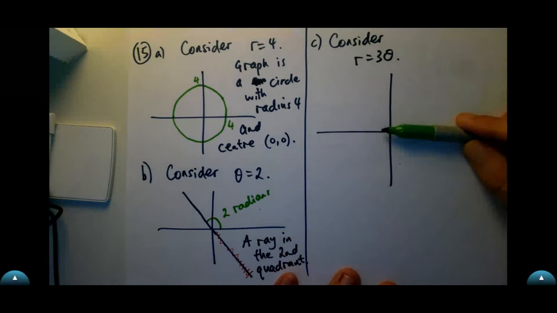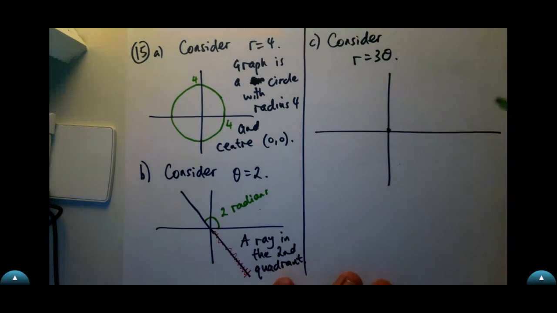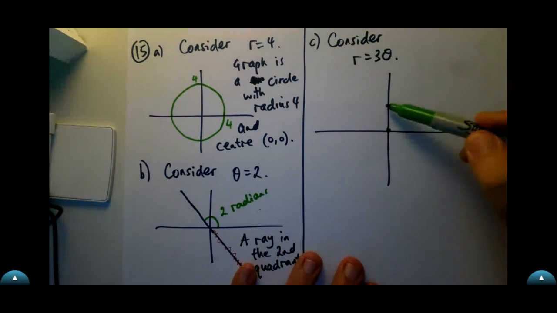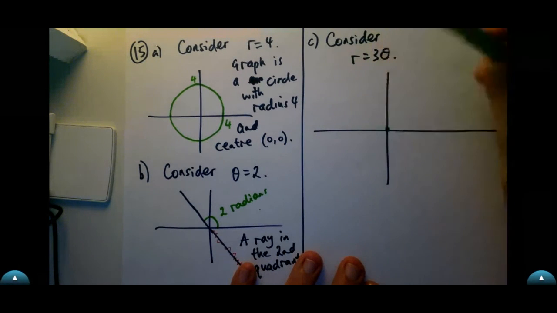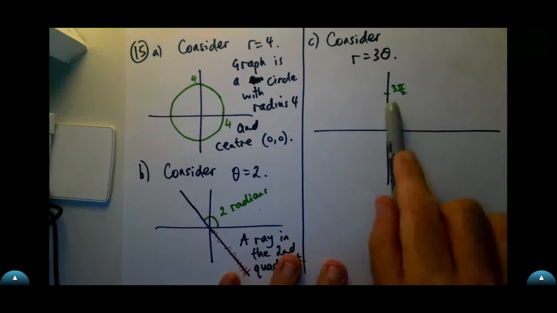Well, if theta equals 0, I haven't rotated, r is 0, so I'm actually here, right? If theta equals pi on 2, so I've rotated this far now, this will be 3 pi on 2, okay?